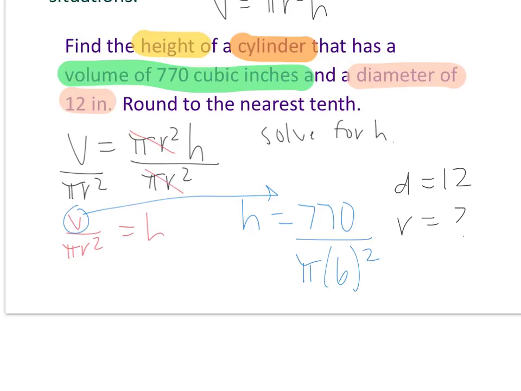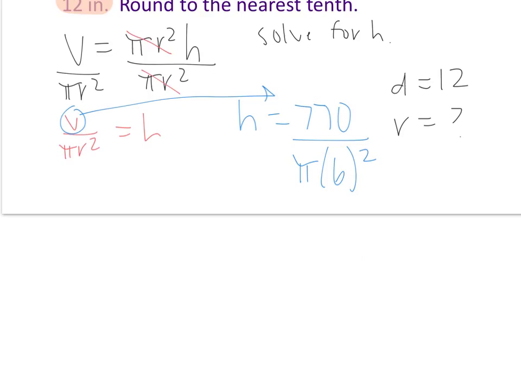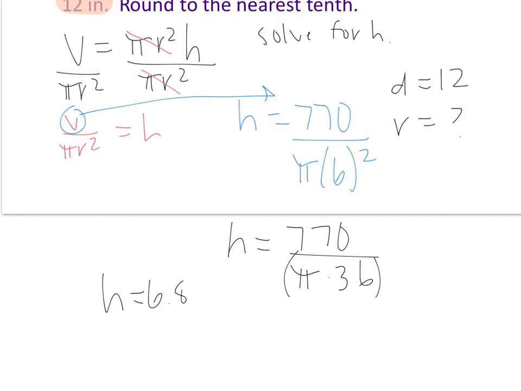And now I just need to type some of these values into my calculator. And before I do that, I can simplify a bit and say h equals 770 divided by pi times 36. And I get height is equal to, and if I round to the nearest tenth, 6.8 inches. So again, looking at a rational function applied to a real world or word problem scenario.